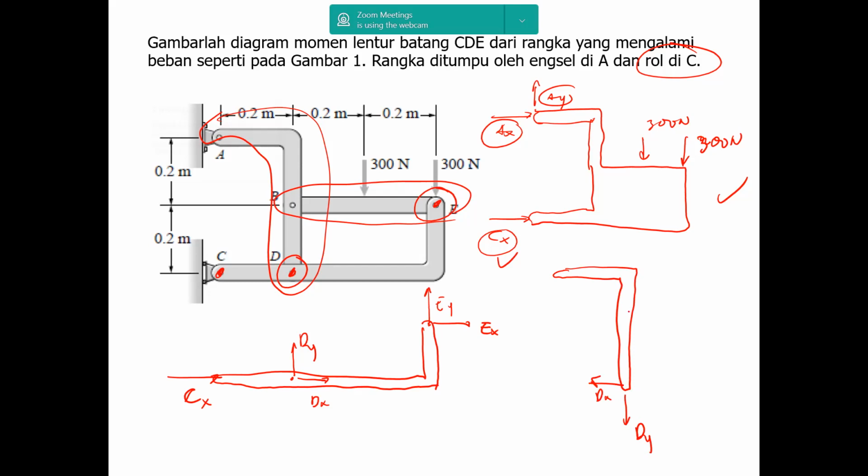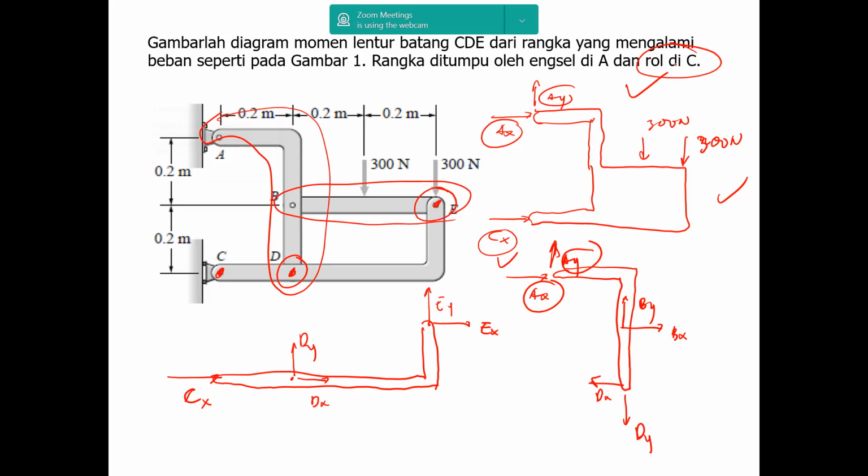Then there will be Bx, By, and there will be Ax, Ay. Ax, Ay here we already solved from the whole free body diagram. So now we are left with 4 unknowns there. We still cannot solve it, right?